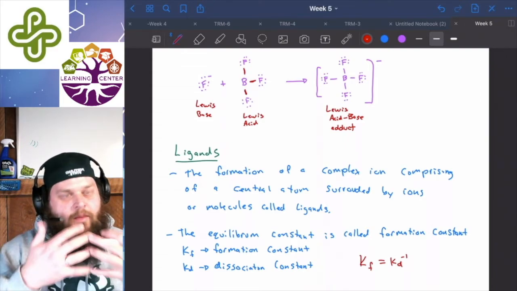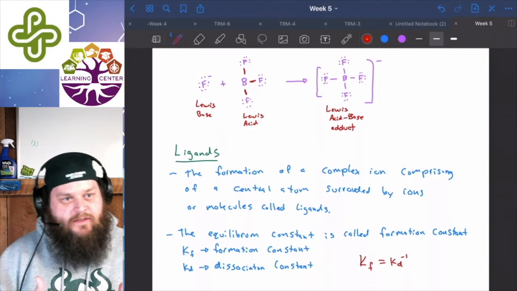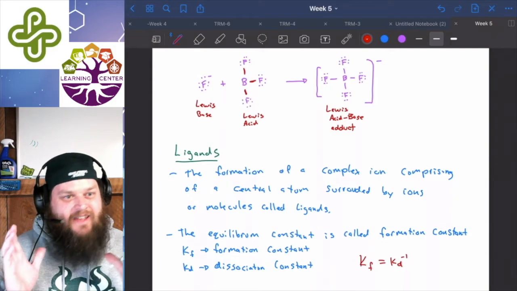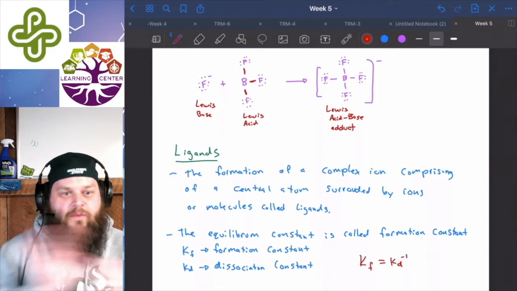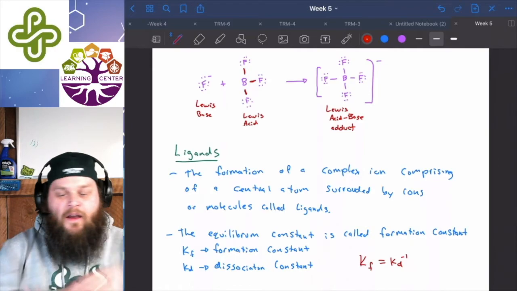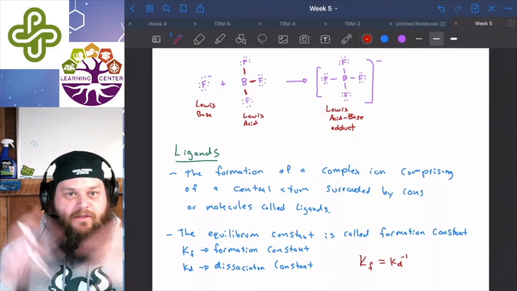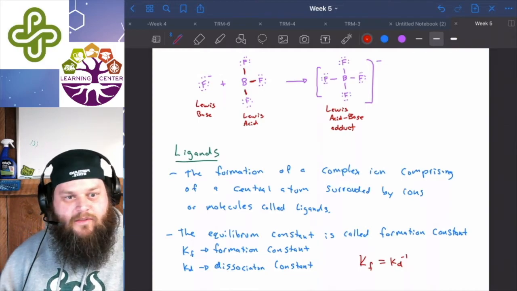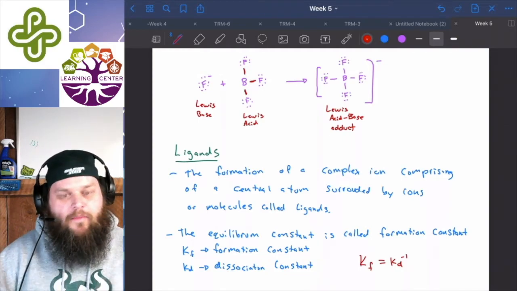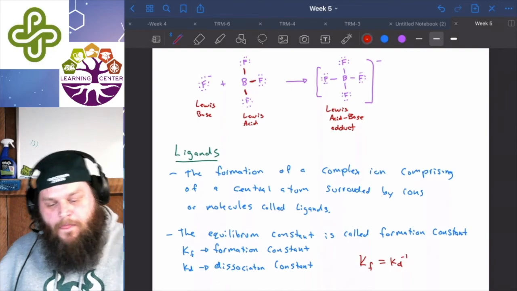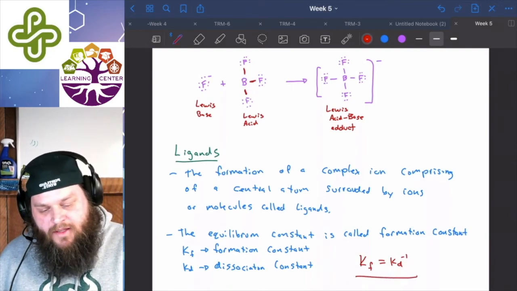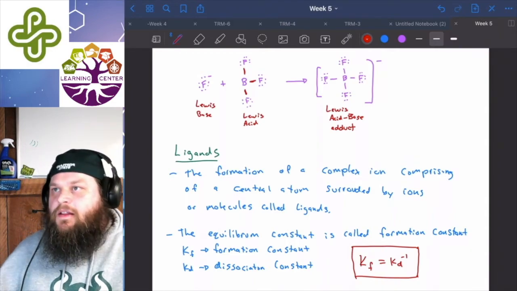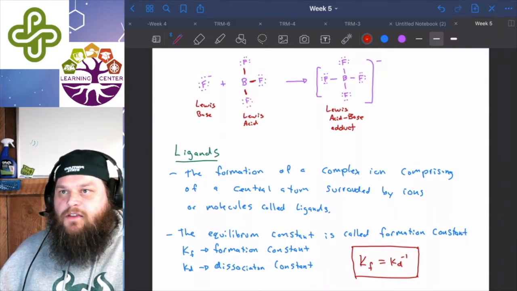So we'd have this complex divided by the two ions dissociated. Or in the dissociation, you take that same balanced chemical equation, flip it around, and now we have the dissociation as the product and the complex ion on the bottom of that reaction. So that gives us this relationship between the K of formation and the K of dissociation.